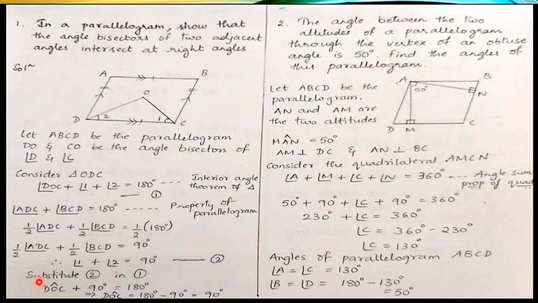Now the only unknown is angle DOC. Keep that in LHS, send this 90 degree to RHS as minus 90 degree. So 180 degree minus 90 degree is 90 degree. We have proved that angle DOC is 90 degree, so the angular bisectors of adjacent angles of any parallelogram will intersect at right angle or 90 degree.